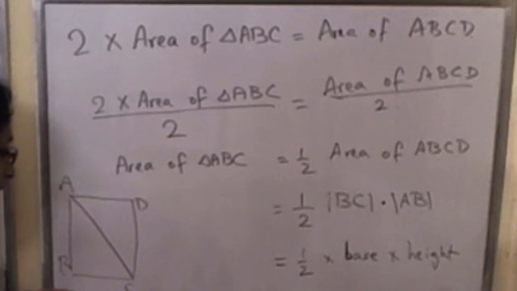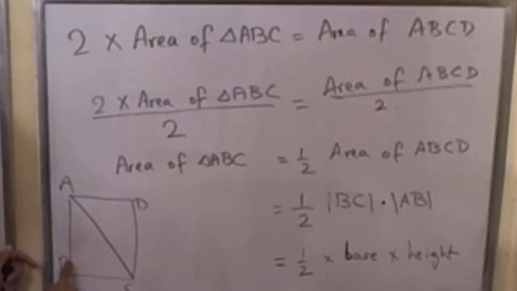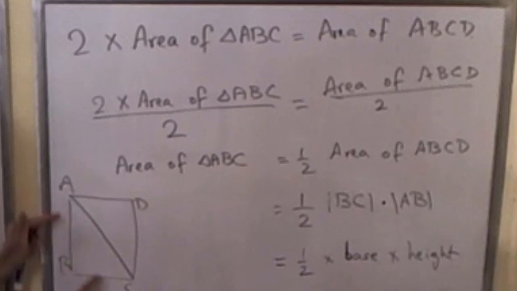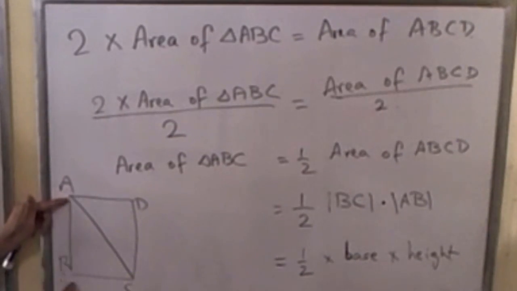Sometimes for a right triangle, we also call these two sides around the right angle the legs of the right triangle. So this is a leg of the right triangle and this is a leg of the right triangle ABC.